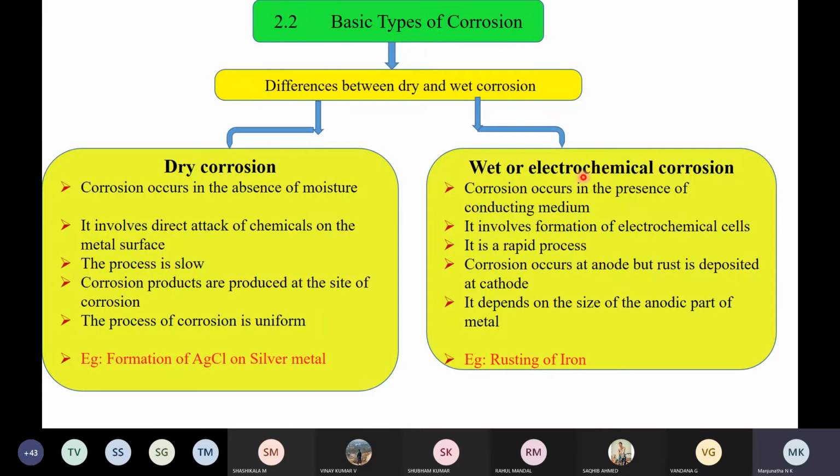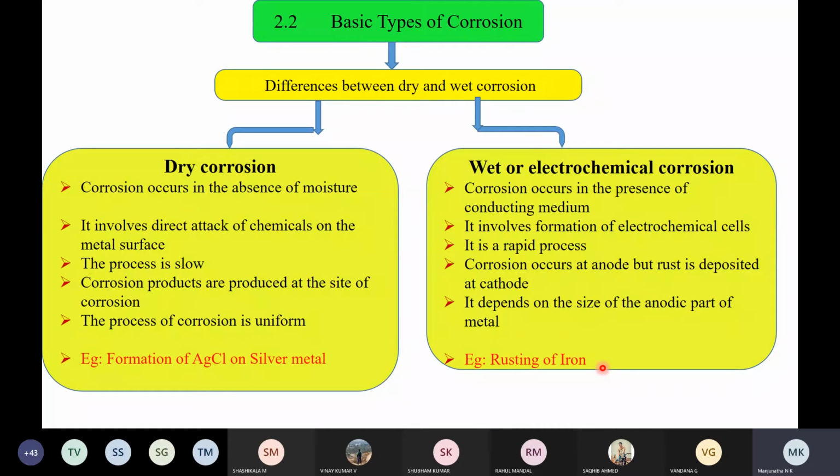It involves the formation of electrochemical cells, meaning the formation of an anodic area and a cathodic area on the surface of the metal. This is a rapid process, it is fast, and corrosion occurs at the anode but rust is deposited at the cathode. And it depends on the size of the anodic part of the metal.